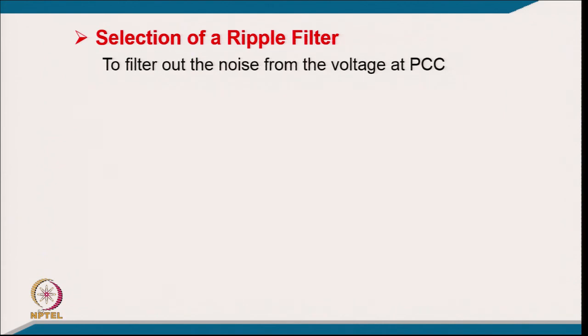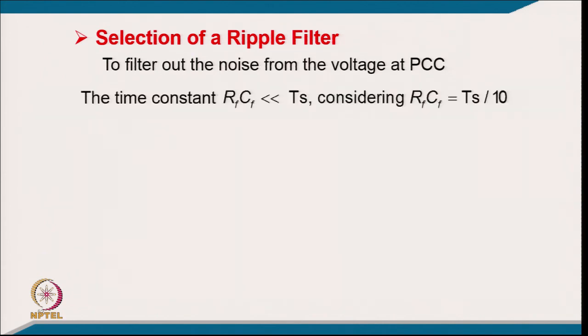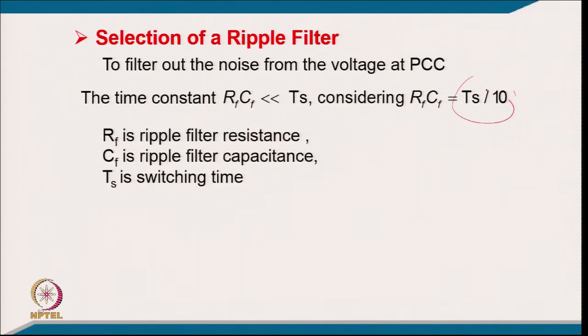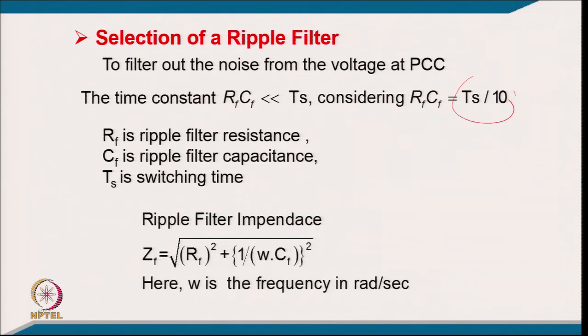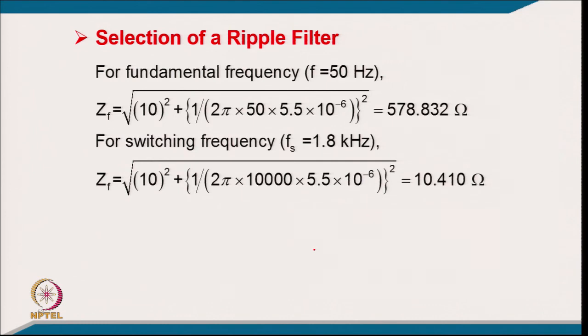And selection of ripple filter, to filter out the noise from the voltage at PCC, the time constant is, let us say, much lower than the switching frequency time period. So, it is around, consider 110, where RF is the ripple filter resistance, CF is the filter capacitance, and TS is the switching period, and the impedance corresponding to frequency will be the square root of R squared plus 1 upon omega C squared, where omega is the frequency.